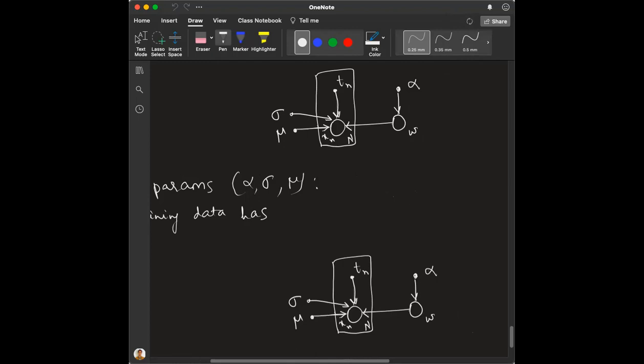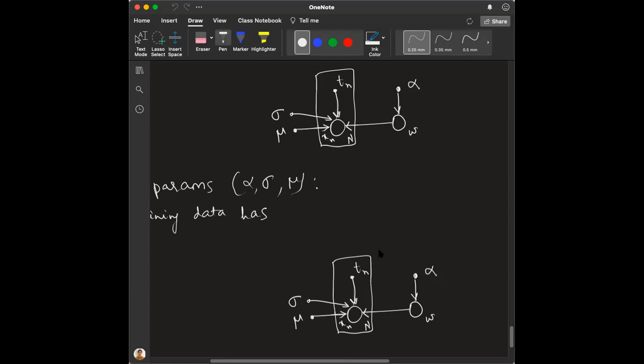So will my training data contain sigma? Answer is no, because sigma is a parameter which we are estimating. It has to be estimated from training data. Will it contain mu? Answer is no, it will not contain mu.